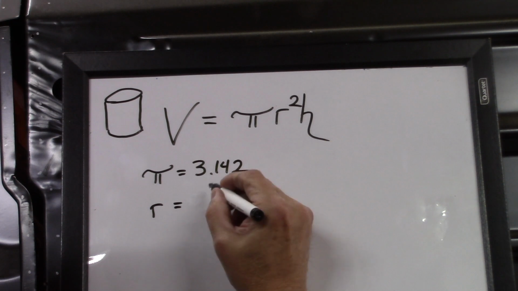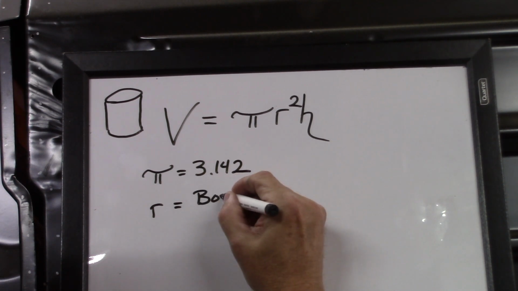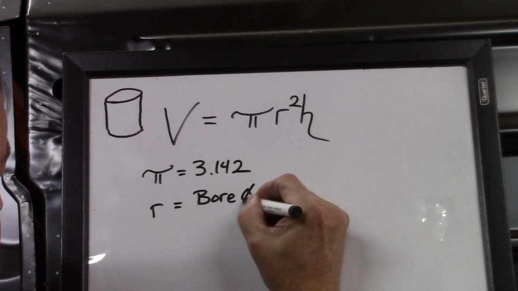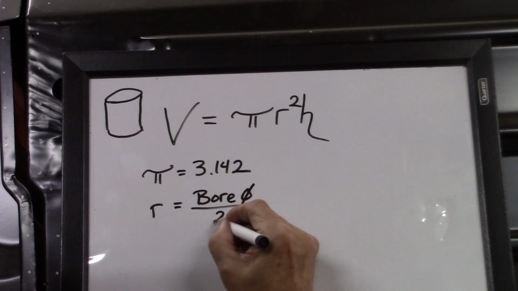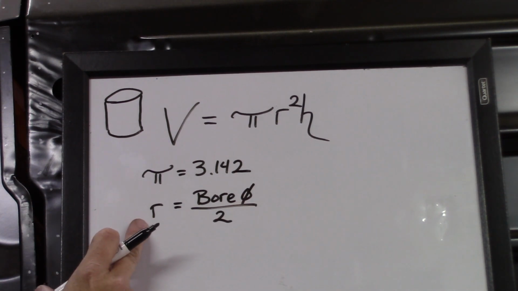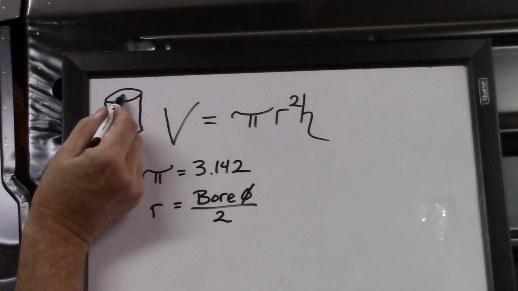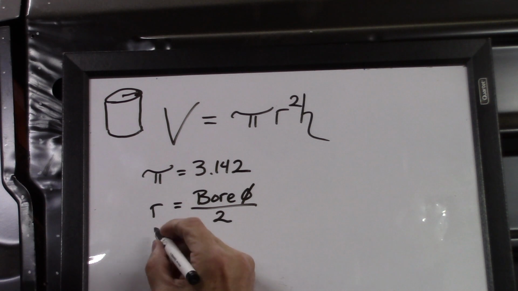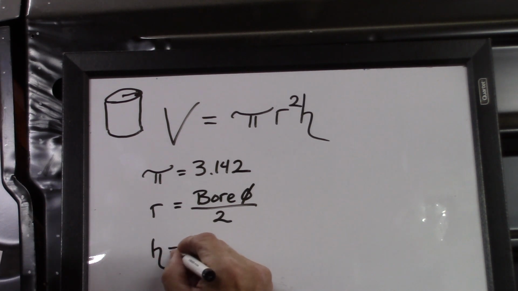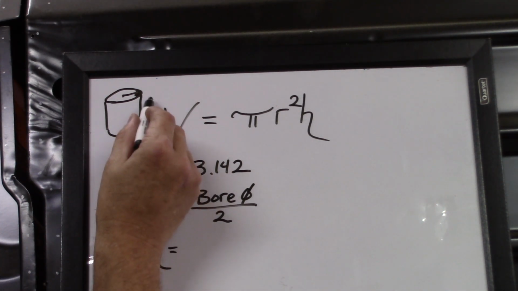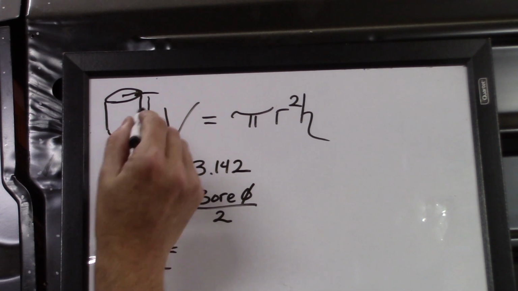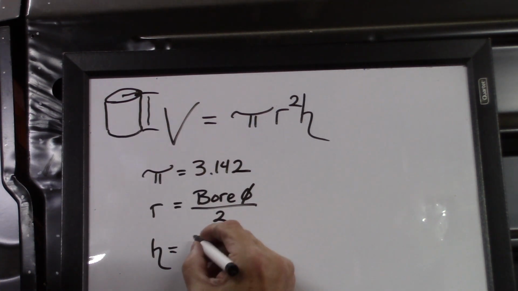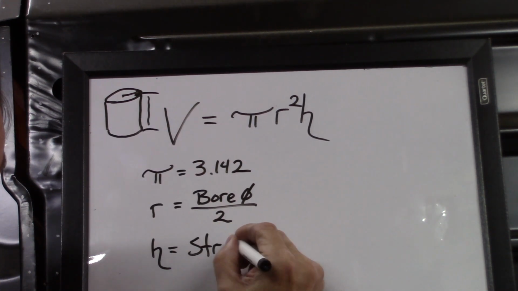R equals bore diameter divided by 2. R is the radius of the cylinder, so it's the diameter divided by 2. And H is the height of the cylinder. So that's going to represent our stroke.